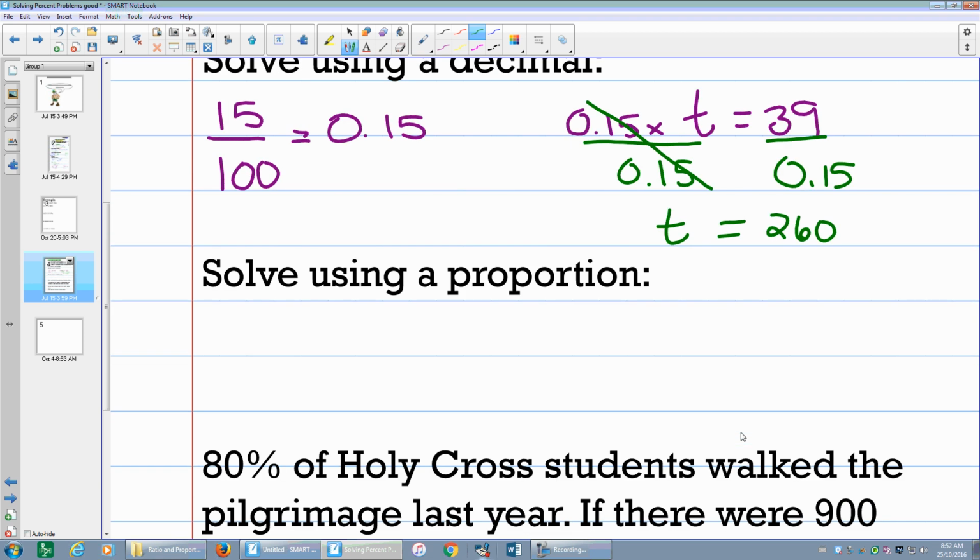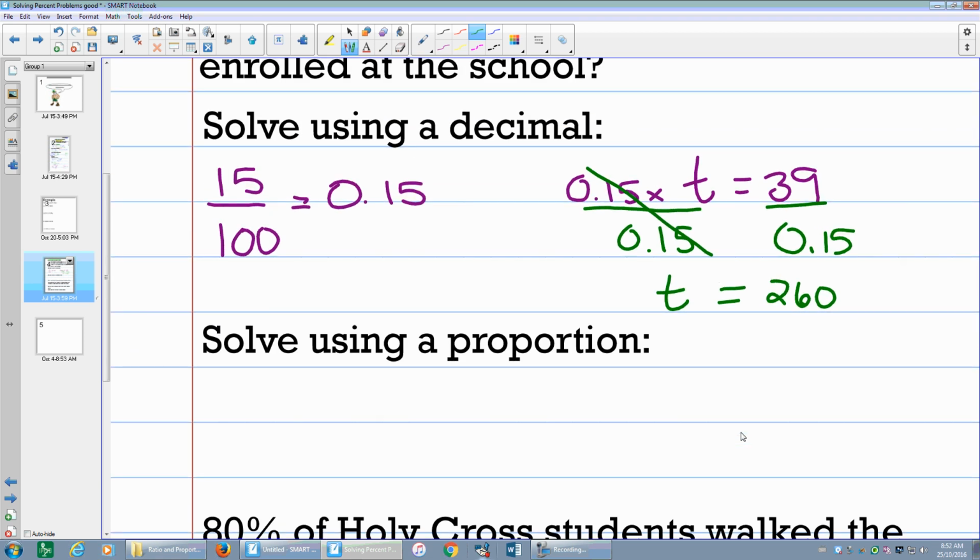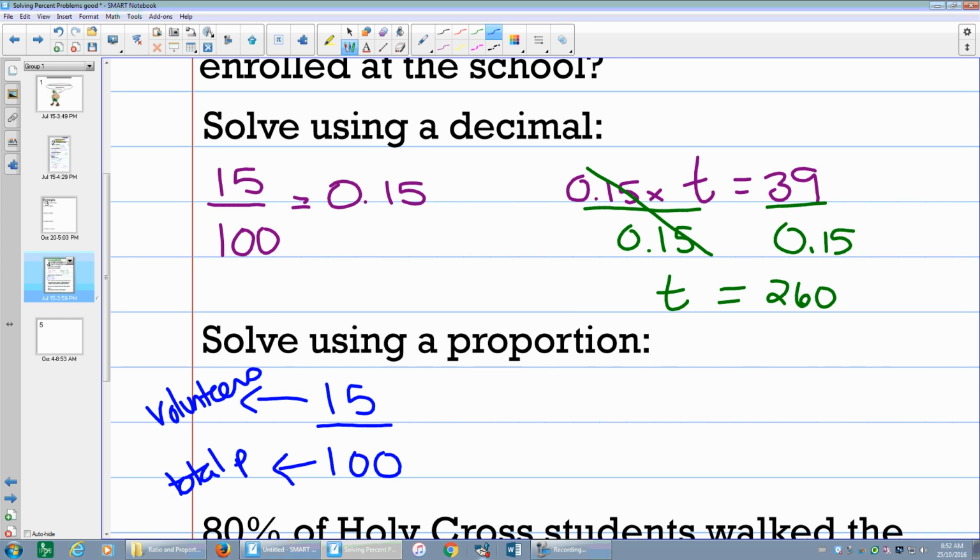Using a proportion in this may be a little bit easier. You just have to set up your proportion correctly. I have to go 15 over 100. That's my ratio. And again here, if I were to define each one of these pieces, 15% is talking about the number of volunteers, and the 100 is talking about the total population.